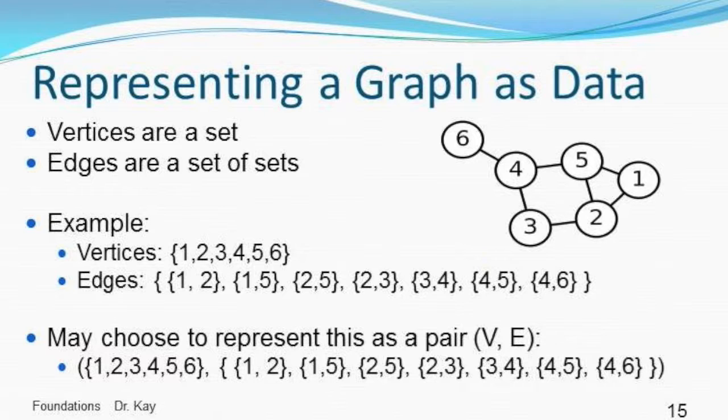So what we're going to do is say that vertices are a set and edges are a set of sets. So for example, what are the vertices in this graph pictured here? Well, they are 1, 2, 3, 4, 5, 6. So the vertices are the set containing the elements 1, 2, 3, 4, 5, and 6. And what are the edges in this graph?